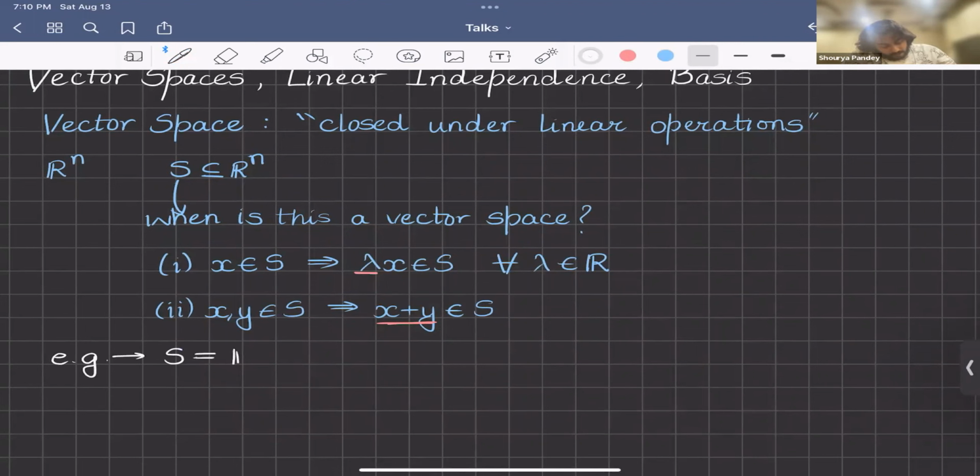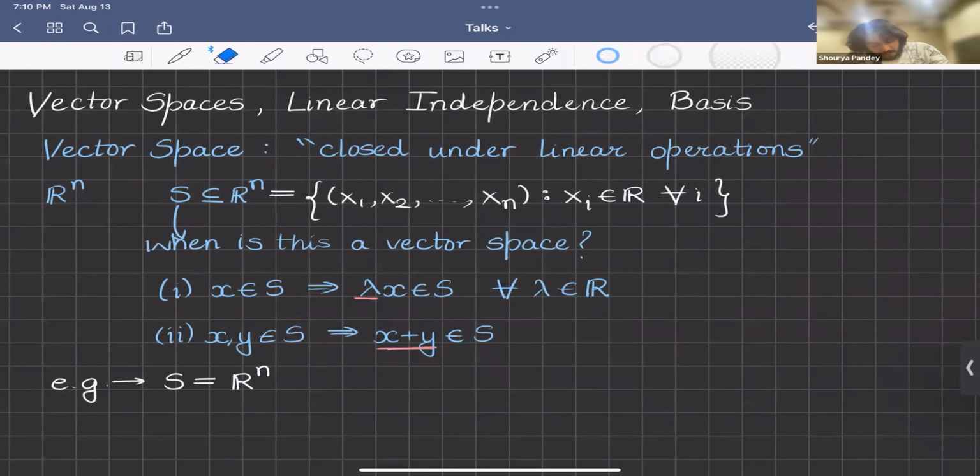Well, the entire Rn is definitely a vector space. Just to make sure you know what Rn is, it's n-tuples of reals, let me write them as a1, a2, up to an.